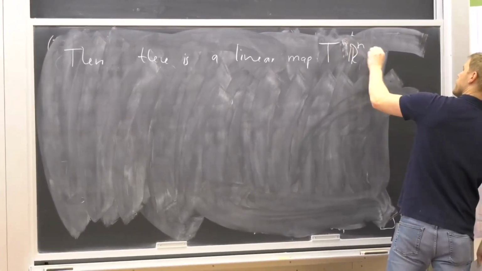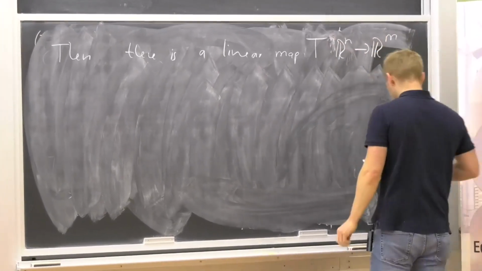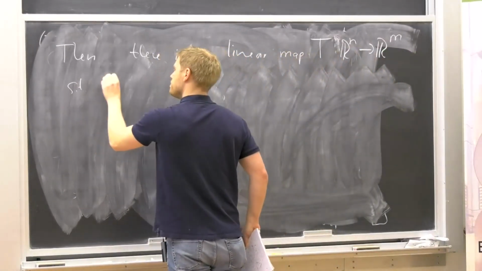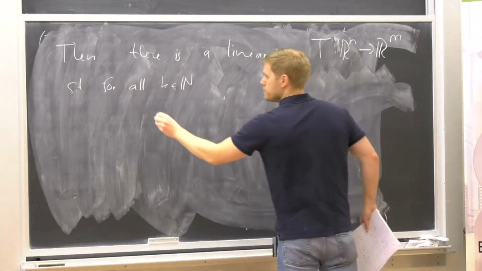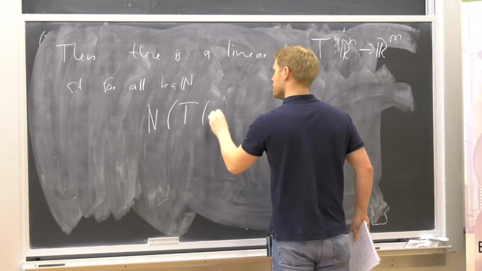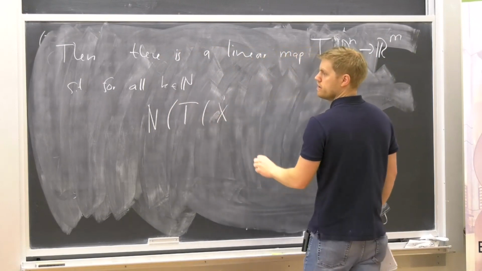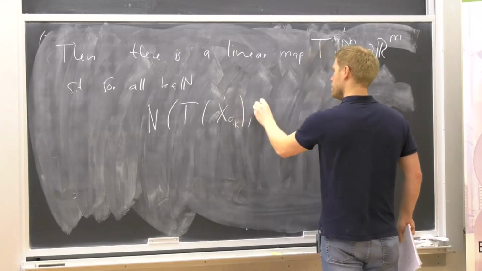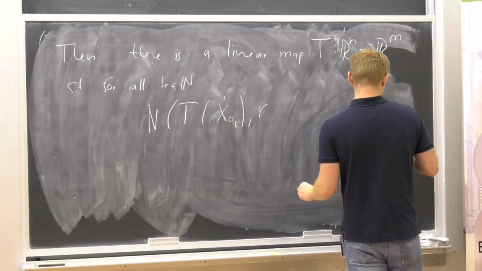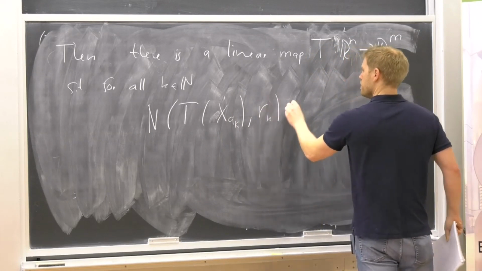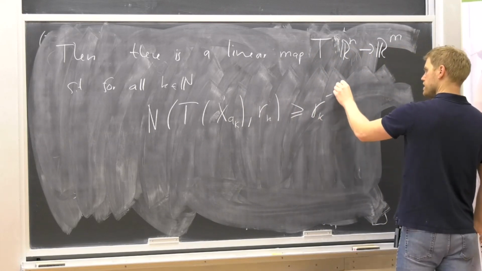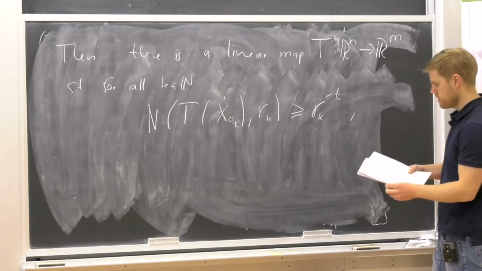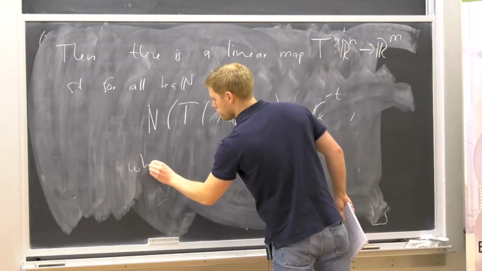So that for all k in N, the number of boxes needed to cover the image is larger than r_k^(-t), and t is essentially obtained in the same way as the dimension is obtained in the projection lemma.